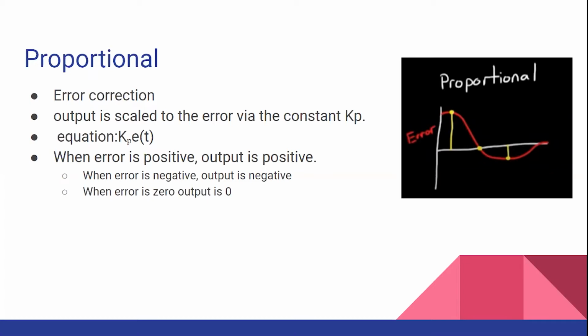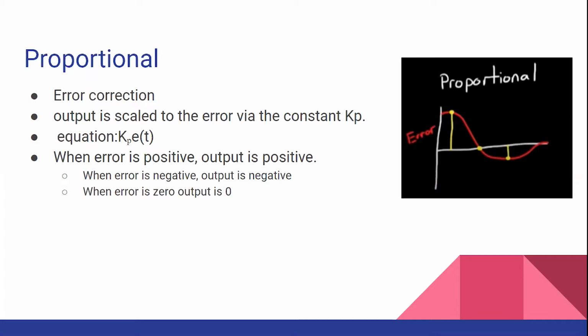In the process of closing the error as fast as it possibly can, it sometimes goes past where it's supposed to go and creates a new error, where it then tries to cover that error as fast as it can and goes a little bit past in the other direction and then keeps oscillating. So sometimes proportional can do that, but it is used to close the error to 0 as fast as possible.